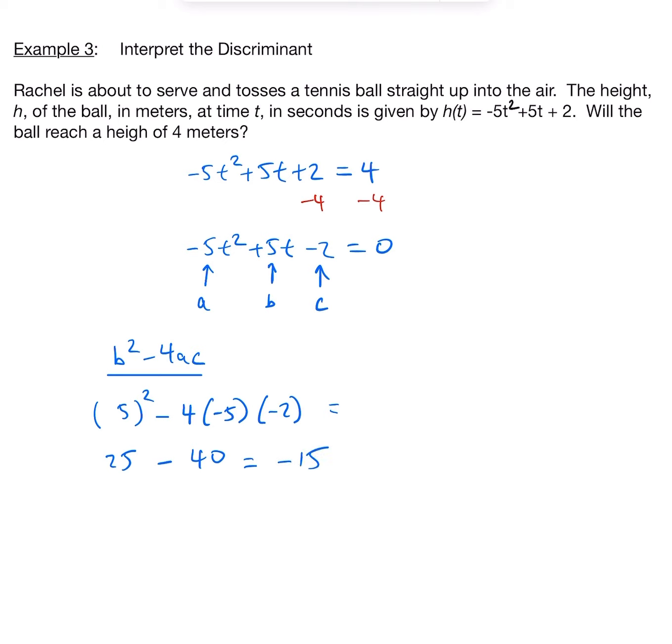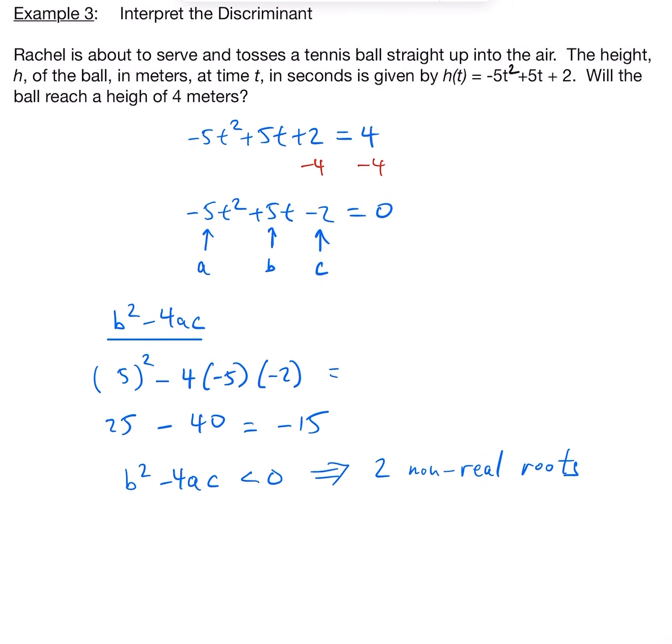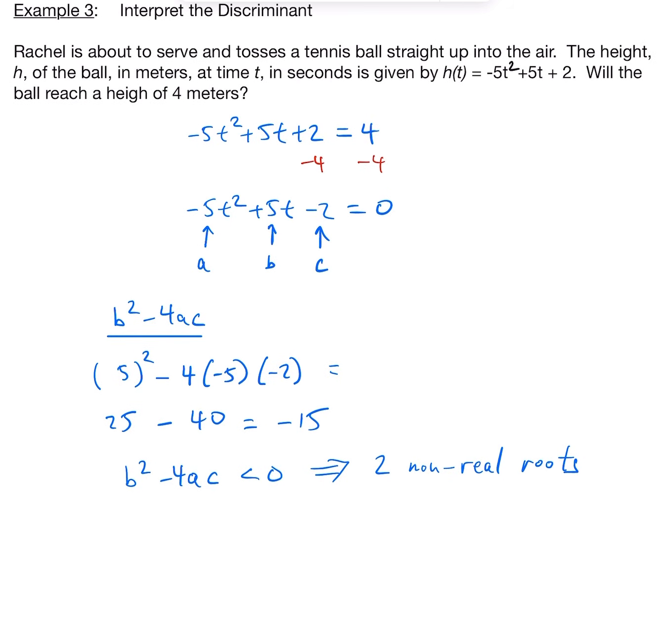So because b squared minus 4ac is less than 0, that means we have two non-real roots, meaning it's going to be an imaginary number. So the answer is the ball will not reach a height of 4 meters.